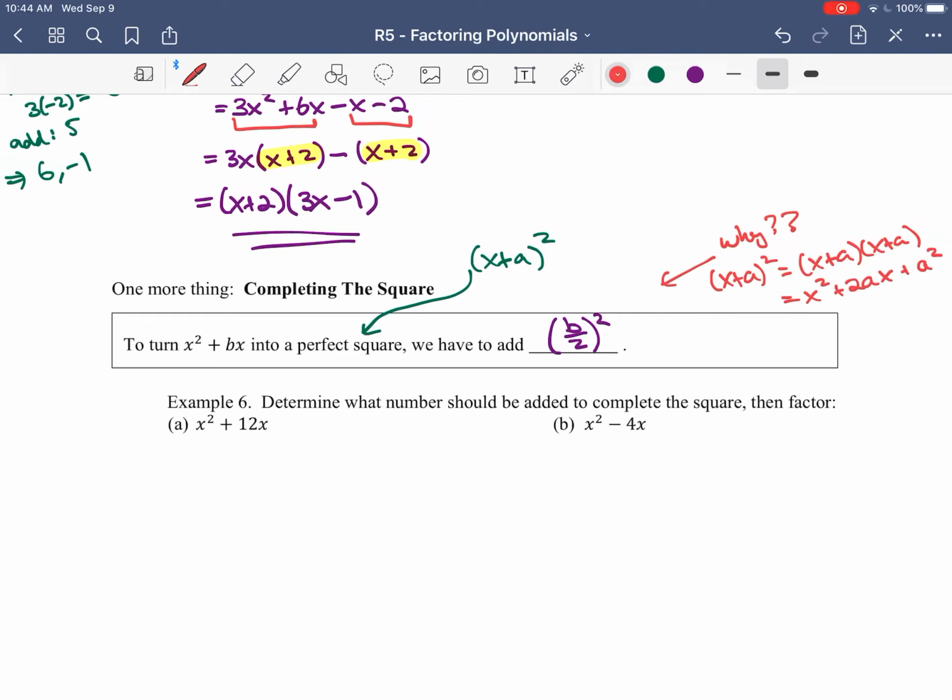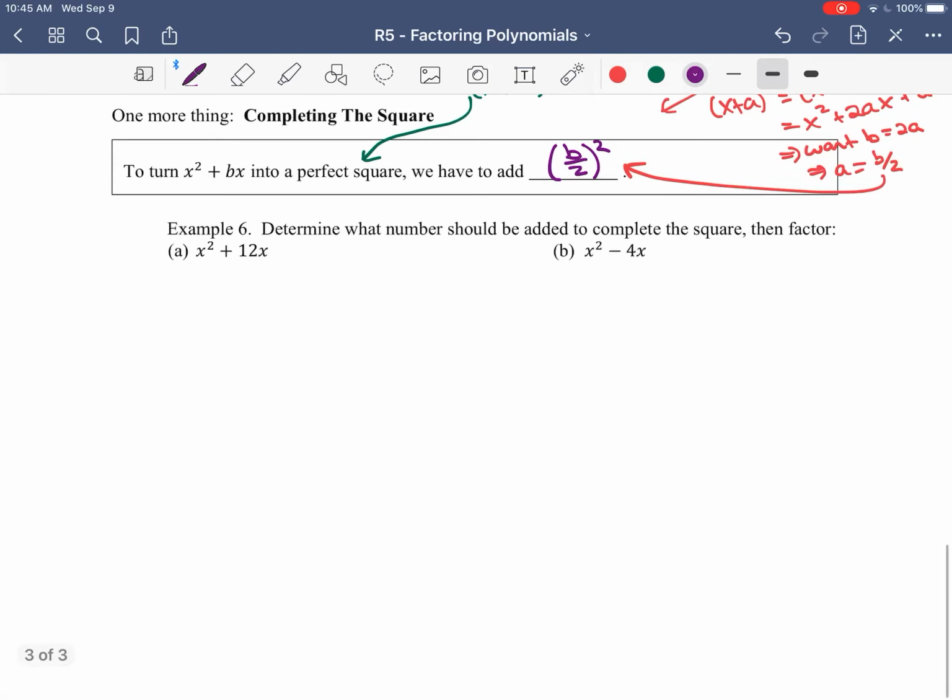So what that means is we want b to equal 2a. That means that a is b over 2 if we solve for a. And so in order for it to be a perfect square, I need this a squared term. That a squared is that term, right? That's my a squared.